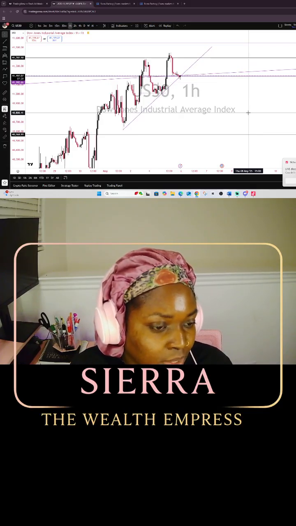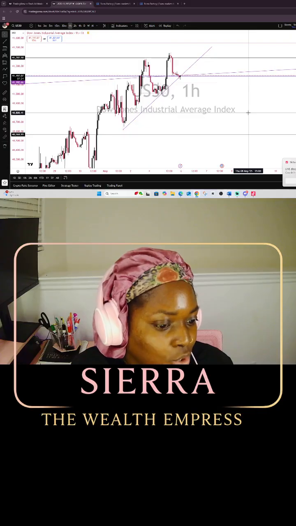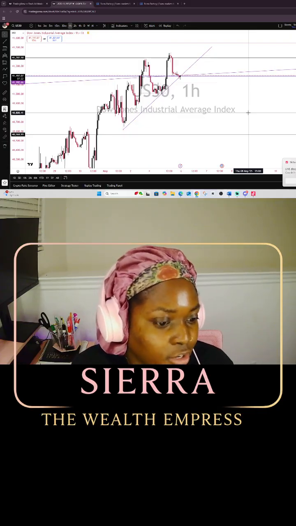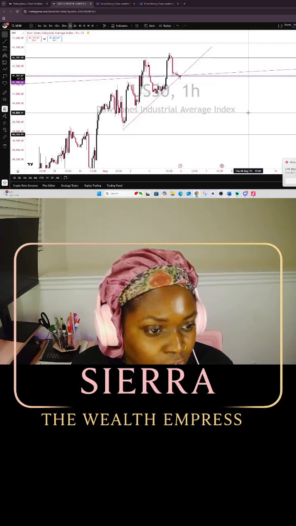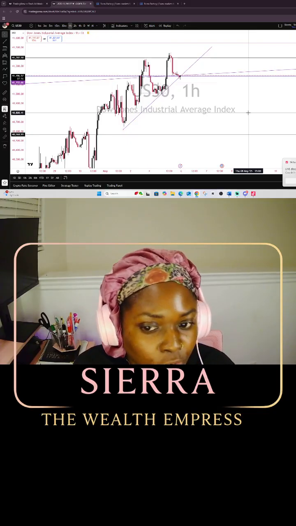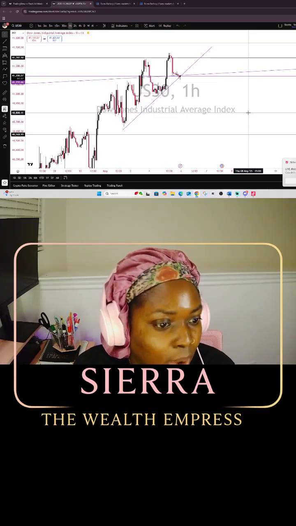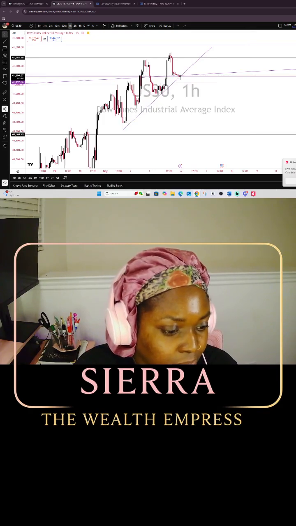Most of my trades are 5 to 1, 10 to 1. So if I hit a stop loss, like I had a 13 pip stop loss today, I'm not stressing over it. It was only 13 pips, because I know tomorrow I'm going to make 100 pips, 50 pips. It's going to outweigh that.